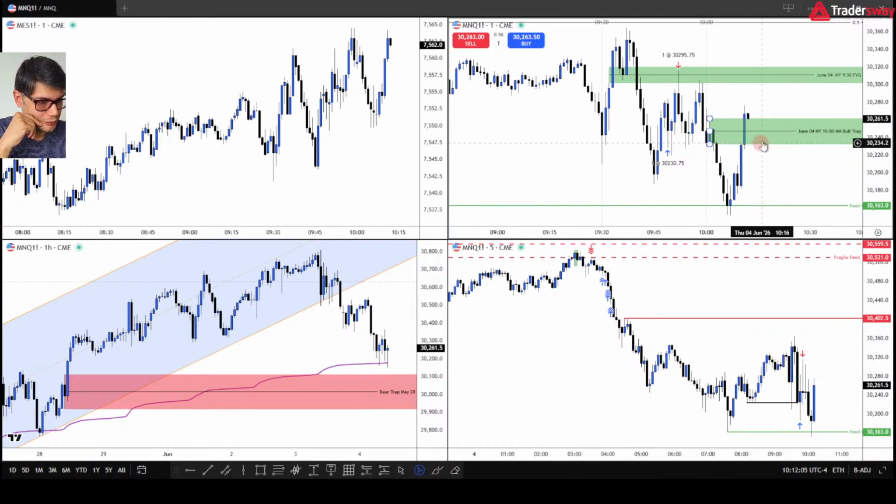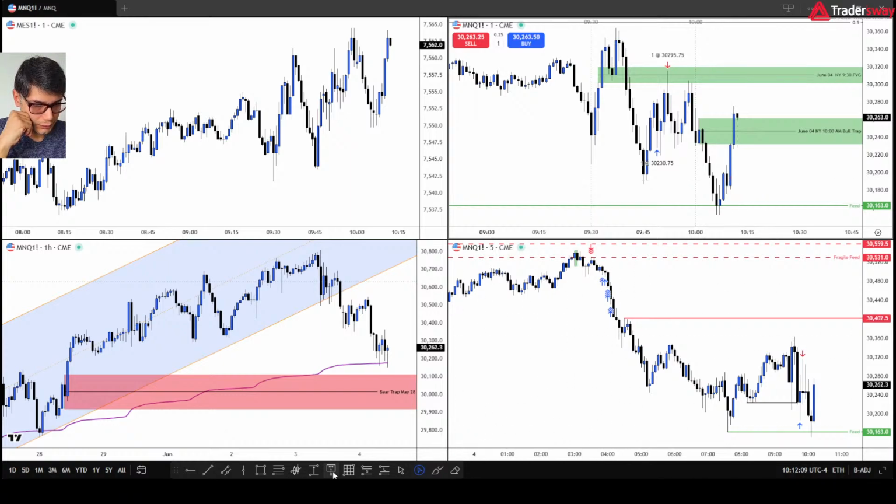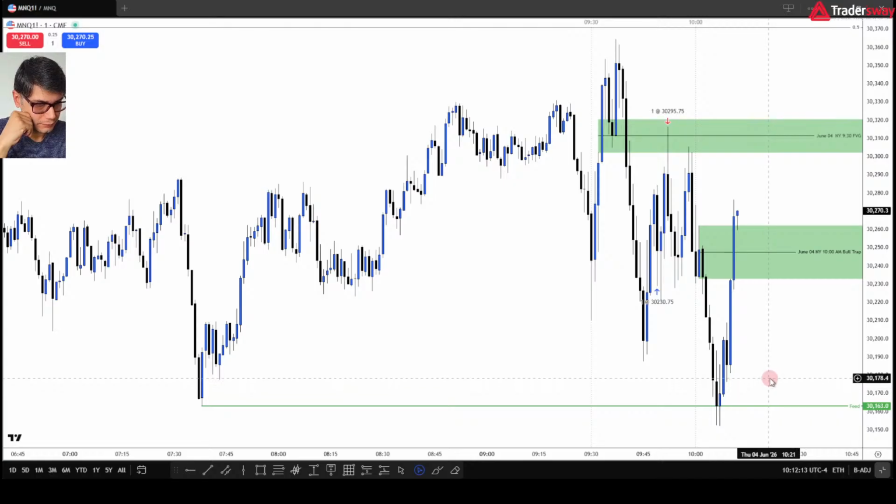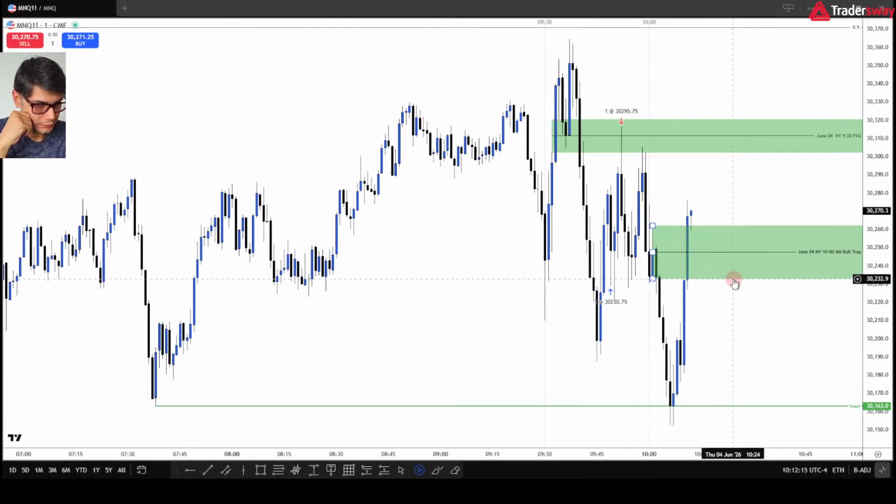All right, now it's above 10 a.m. If I could go long here, if I go long in here, my stop would be all the way down there. That's a very big risk.